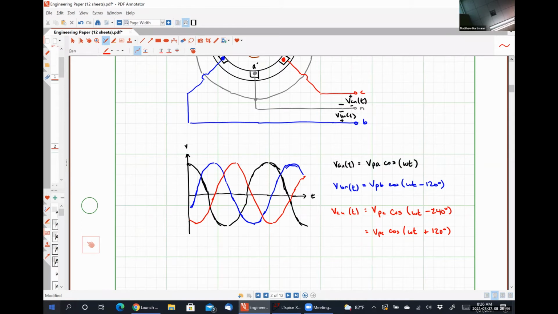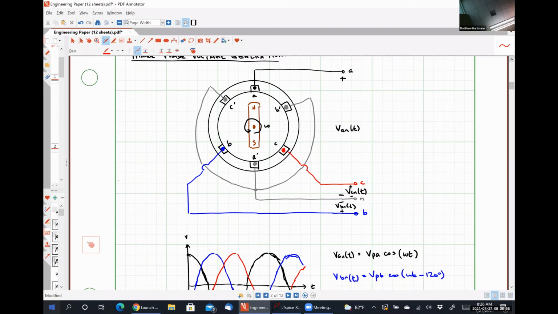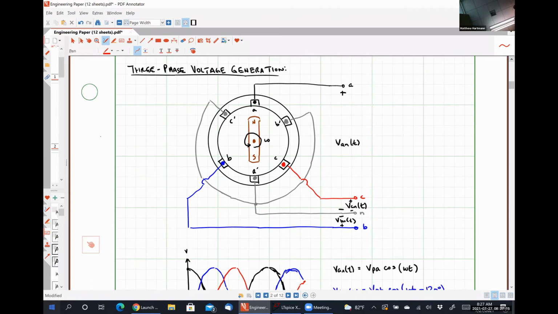So the reason why there is exactly 120 degrees of phase separation between the A phase, the B phase, and the C phase is because those terminals are physically located 120 degrees away from each other around that circle, okay? So the only way to cause an imbalance in the phase angles for this three-phase voltage generation source is if it is physically constructed poorly, such that there isn't 120 degrees.